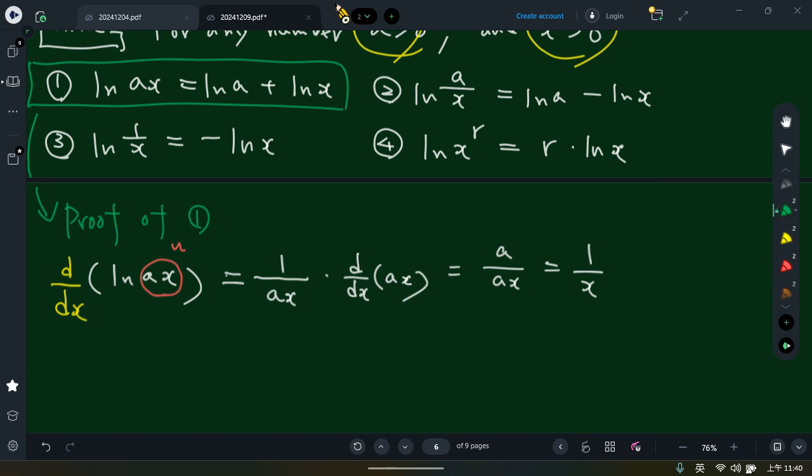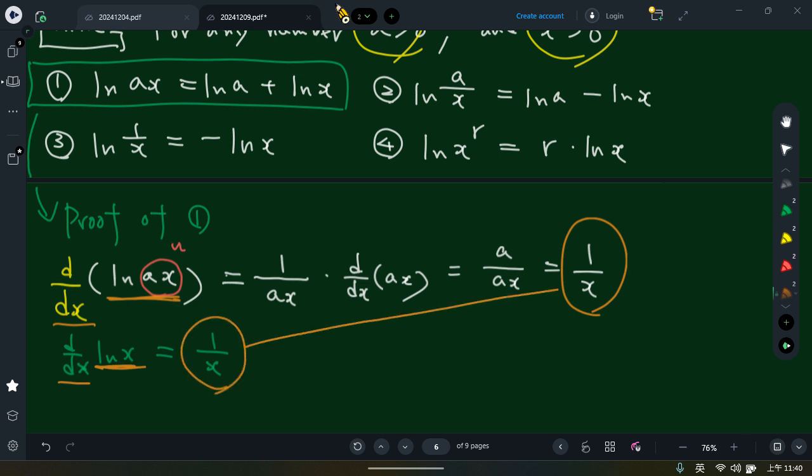And at the same time, we already know this one, right? So did you just notice that here, when we differentiate it, 1 over x. Here, when we differentiate lnx, 1 over x. They are the same.